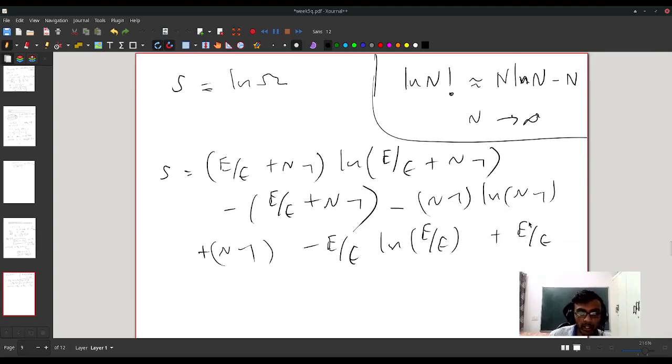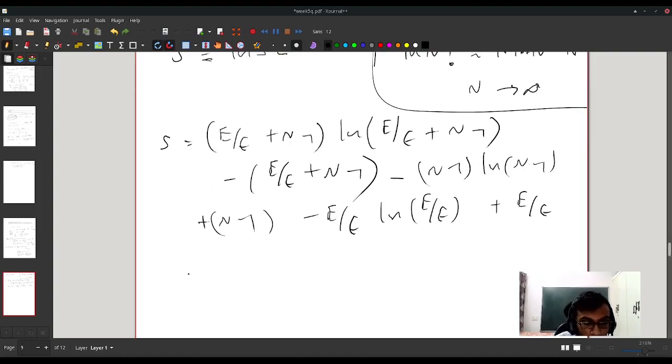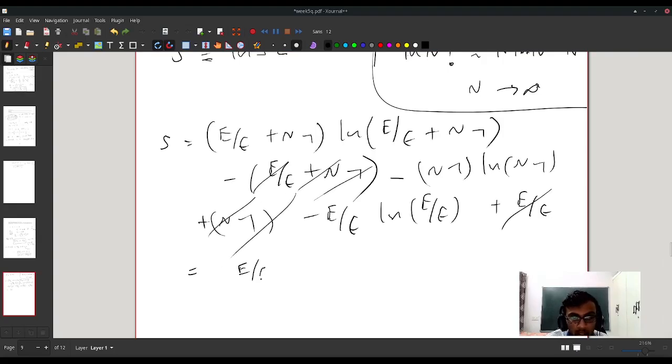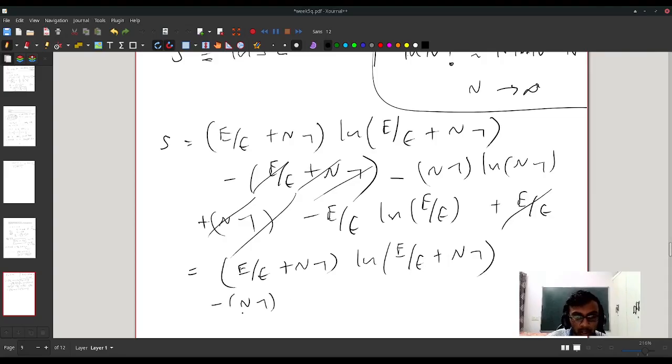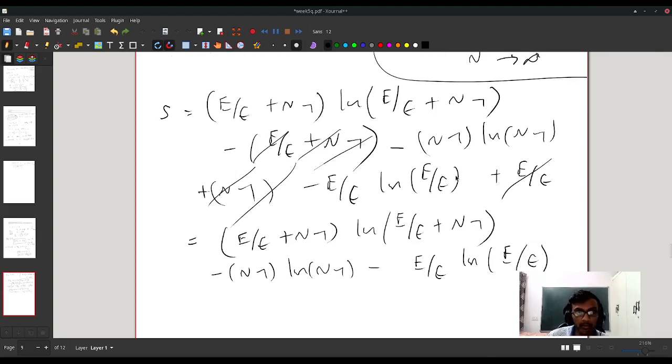After using Stirling's approximation, these things are going to cancel. Finally this is going to be minus n minus 1 ln n minus 1 minus and so on.